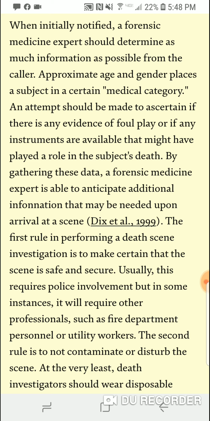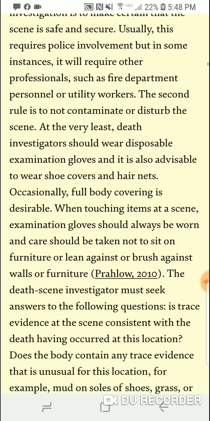The first rule in performing a death scene investigation is to make certain that the scene is safe and secure. Usually this requires police involvement, but in some instances it will require other professionals such as fire department personnel or utility workers. The second rule is to not contaminate or disturb the scene, which is exactly what they did.